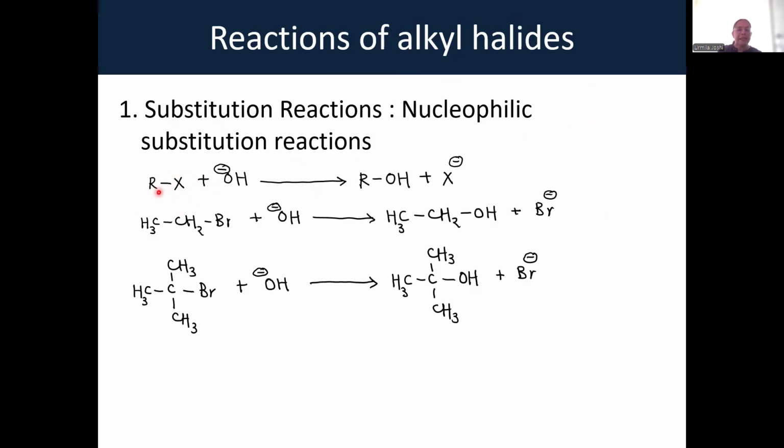So the halide leaves and another nucleophile enters in. Therefore, it is a nucleophilic substitution reaction. Examples are given here. Ethyl bromide, when it is treated with hydroxide, gets converted to ethanol, whereas tertiary butyl bromide, when treated with hydroxide, gets converted to tertiary butyl alcohol.